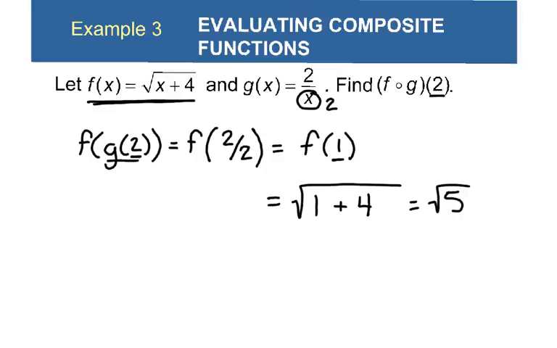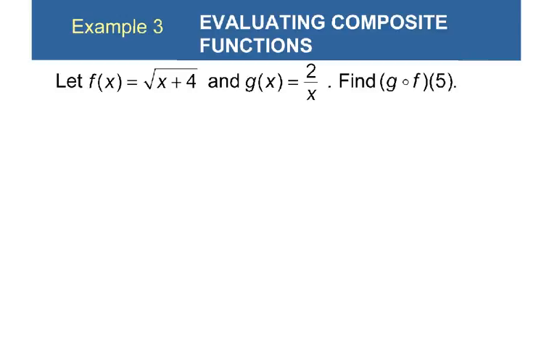But it can get more complicated. I'm sorry to tell you that. Let's do another example. So again, instead of f of g, we have g of f of 5. So our inner function is f, but here is how it reads, g of f of 5.